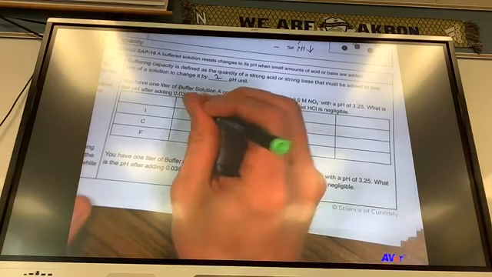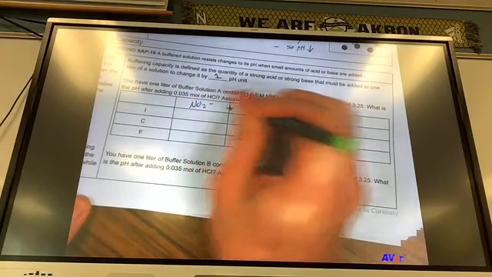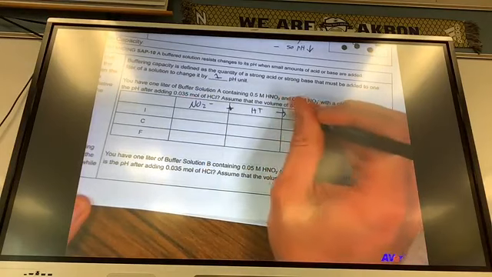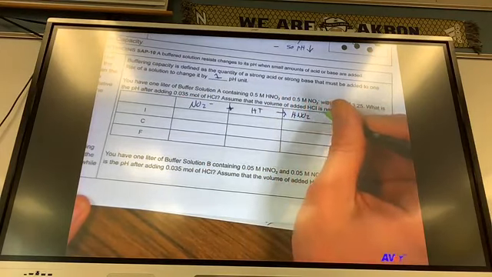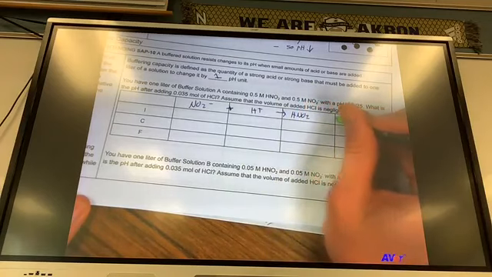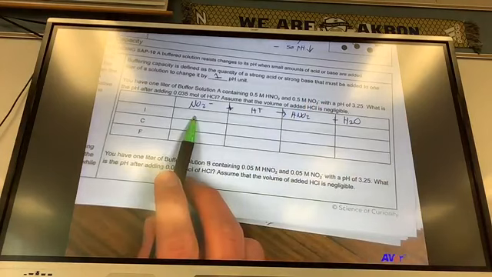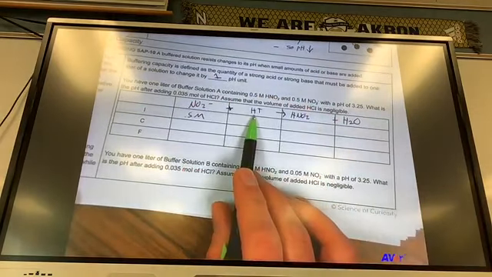So I'm going to write NO2 minus plus H plus gives me HNO2, plus water. How much NO2 minus am I starting out with? 0.5 molar. How much H plus am I starting out with?